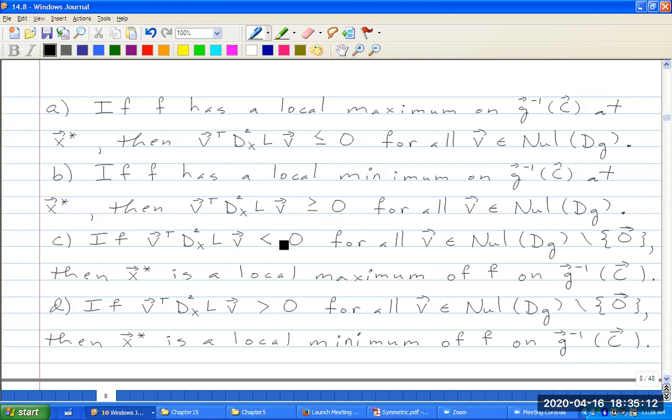So that gives us a nice little condition here. That's the second derivative test. If v transpose D squared L v is greater than 0 for all v in the null space of DG without the 0 vector, then x star is a local minimum of f on g inverse c. So that gives yet another case for the second derivative test.